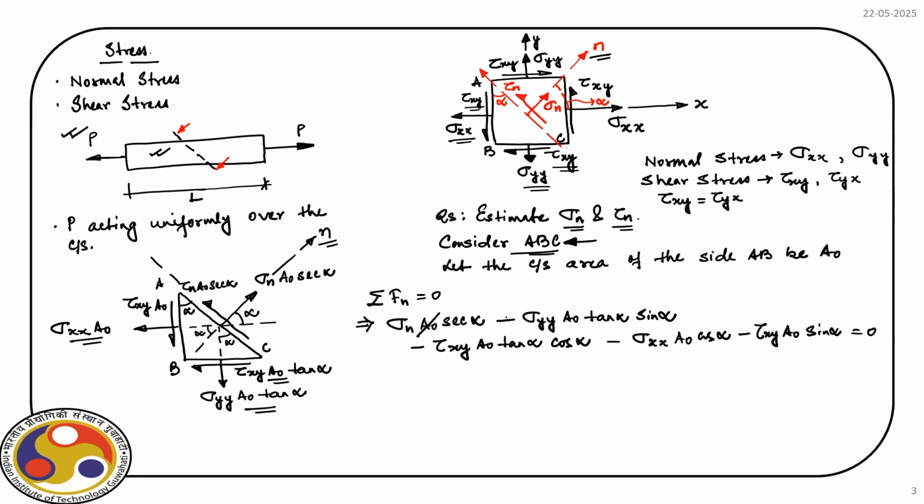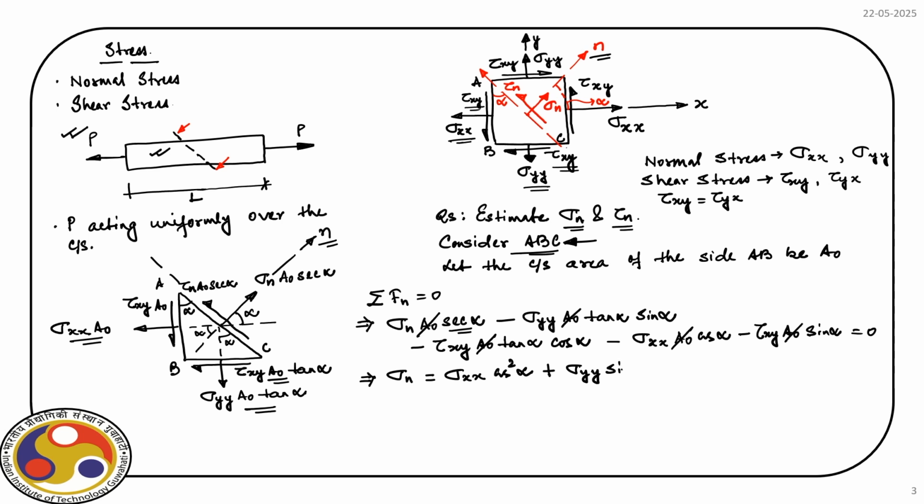So, we can cancel A naught here, and then we get sigma n is equal to, we take all these components on the right hand side. So, we have the first component sigma xx cos square alpha, because we have sec alpha here, then plus sigma yy, then cos alpha will be cancelled.